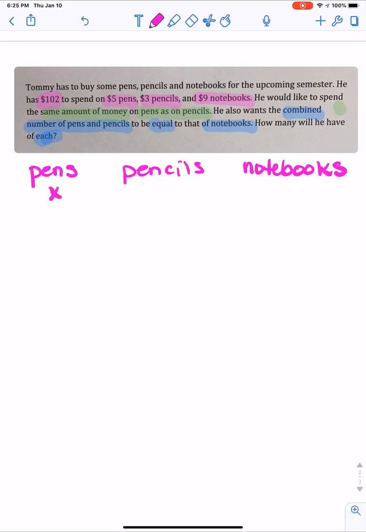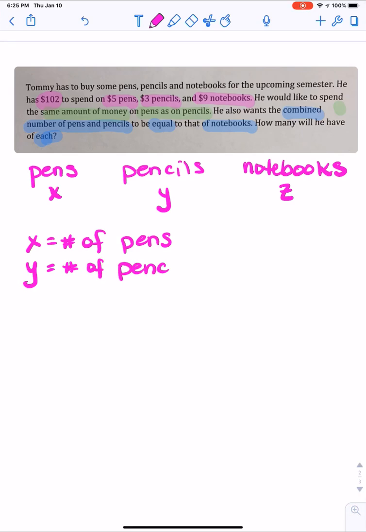So I guess we'll use X for pens, Y for pencils, and Z for notebooks. So X is the number of pens. Y is the number of pencils. And Z is the number of notebooks.